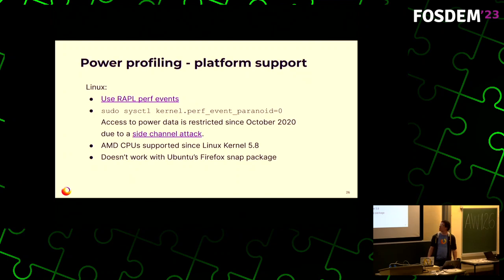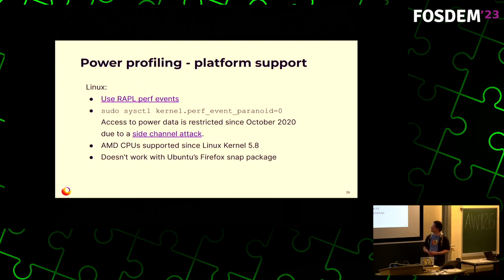And then Linux. On Linux, we can use RAPL perf events. RAPL is Running Average Power Limit. It's the data that's reported by Intel CPUs. One issue on Linux is the data is not available as a user. The reason is that it used to be available directly, and there was a side channel attack where people noticed that by querying power use very repeatedly, they could actually figure out what data was being processed.